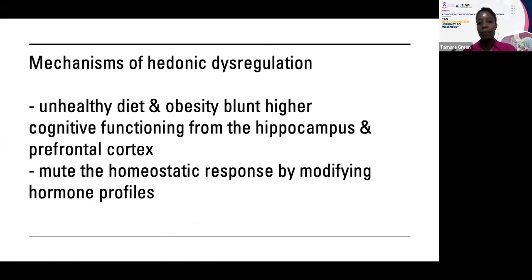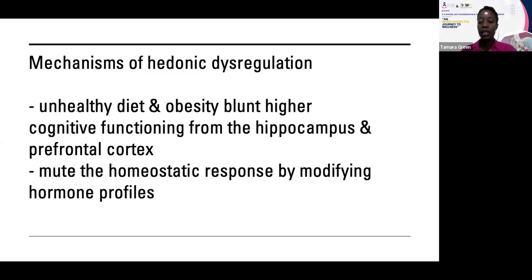And I want to just put a plug in to say that obesity is not just what visually obtains. Any body profile that has a disproportionate amount of fat is of concern, as is obesity, because the extra fat, the extra adiposity is neuroinflammatory.